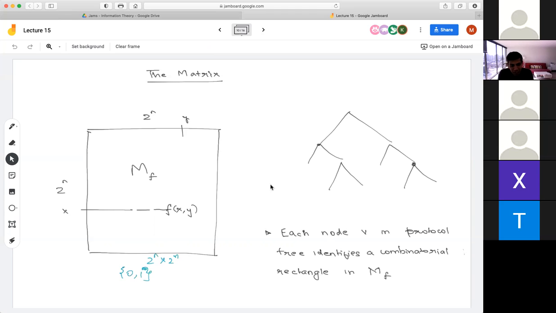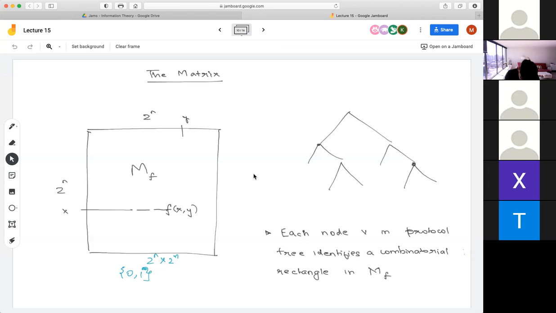A very useful thing about this matrix, which comes out of deterministic protocols, and then this has generalizations for randomized protocols, is that a deterministic protocol defines what is called a rectangle. So a rectangle is just a submatrix of this.